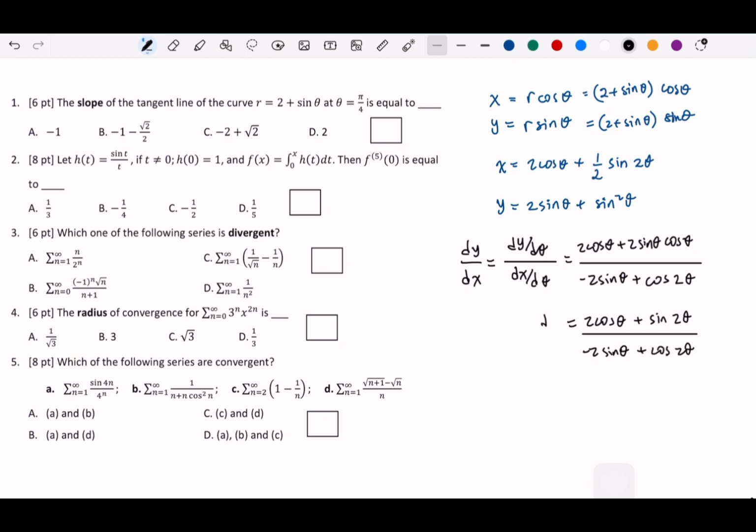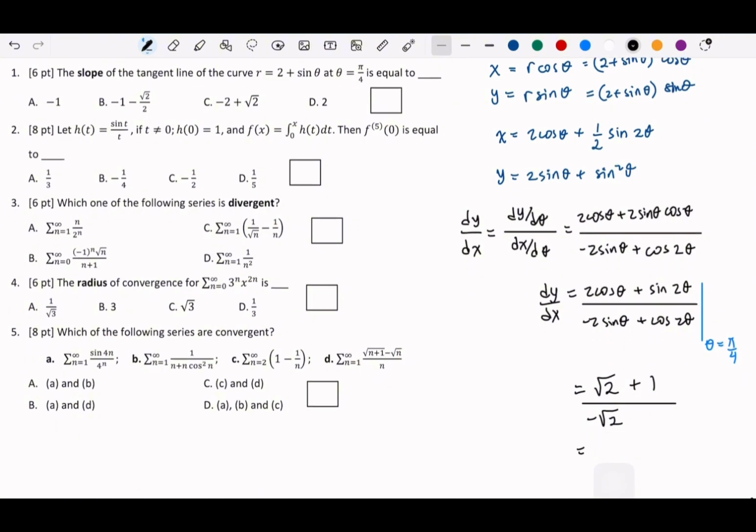And that's it. I will stop here, and then I will take my theta and input into the equations. So input pi over 4. So pi over 4, this will be square root of 2, and this will be 1, right? And this will be negative square root of 2. This will be 0. So this will be our result.